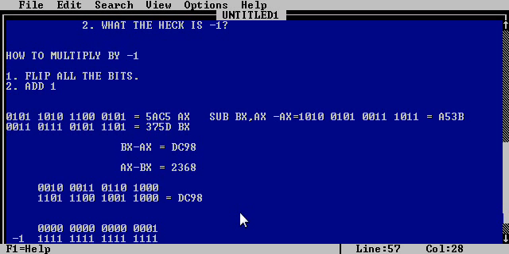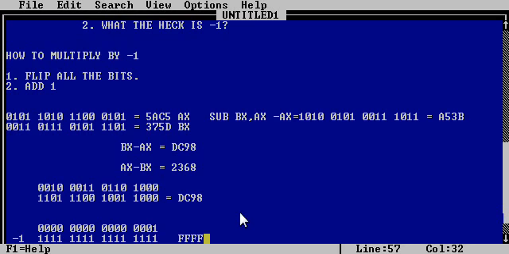So minus 1 is the same as FFF. So we didn't need to invent minus 1. We needed to invent a way to generate minus 1, and then we generated it.